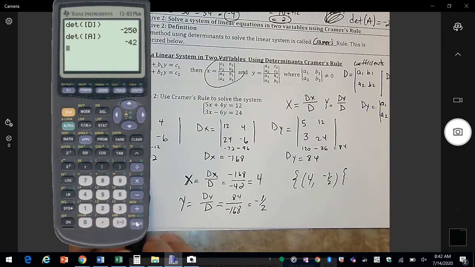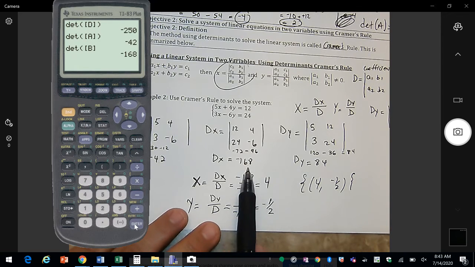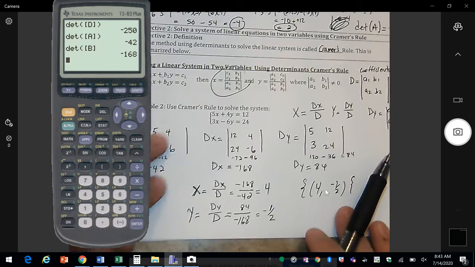And notice that's what we got here, negative 42. And then the determinant of B, negative 168, which is what we got here. And then you do the same for dy and you get 84. So once we divide those numbers, then we get that as our solution.